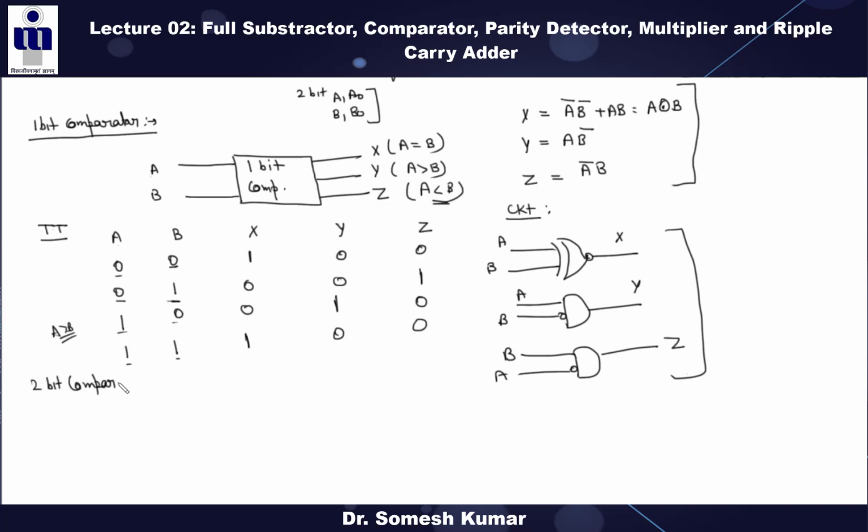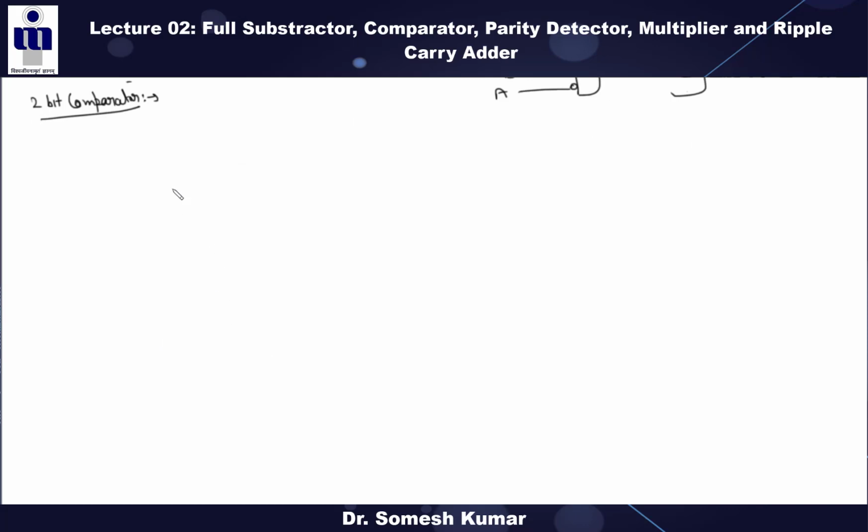In the 2-bit comparator, first you have to find out the number of inputs and outputs. The inputs are A and B, but here A is A1 A0 and B is B1 B0. These are the two inputs, which is why it is called the 2-bit comparator.